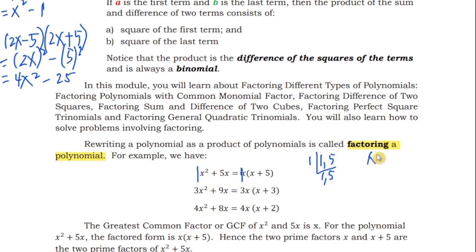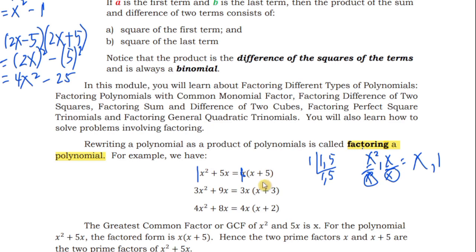For the variable, we have here x squared and x. What is the lesser exponent of the two given? The lesser exponent of the two is x. So we now have x as the result, then 1, since we have x as the common factor.